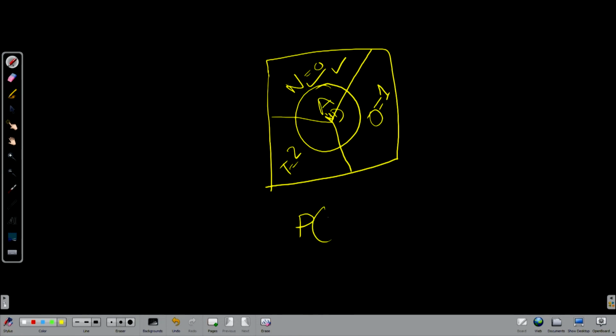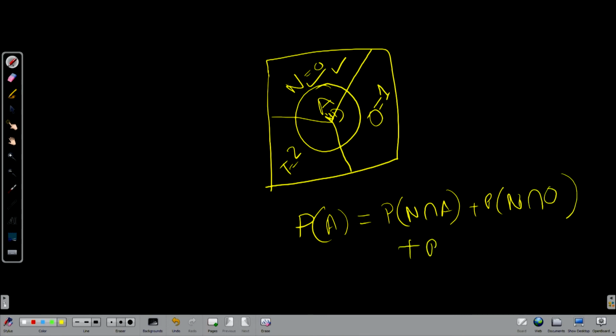So, what will be my probability of A? Probability of A will be probability of n intersection A, plus probability of n intersection O, sorry, plus probability of n intersection T. This is my probability of A. That is the total probability.